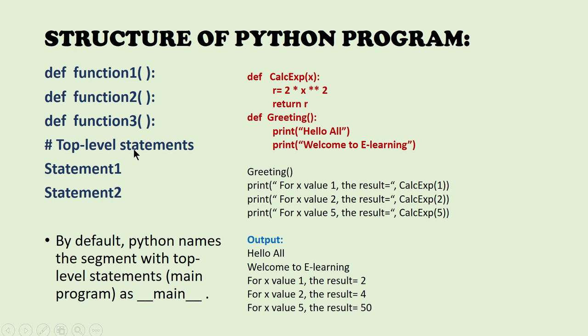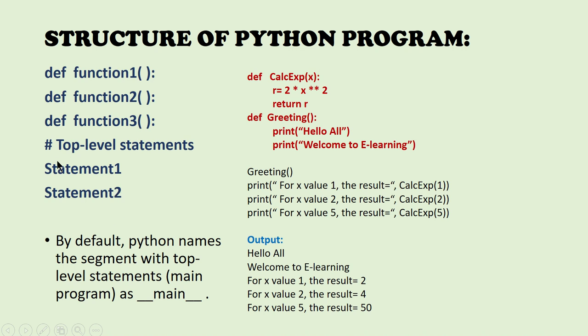In those statements you write the function call statements to make use of function 1, function 2, function 3. So first, at the top, write all your function definitions, then write the top level statements to make use of those functions and do the rest of the task that you want to do.